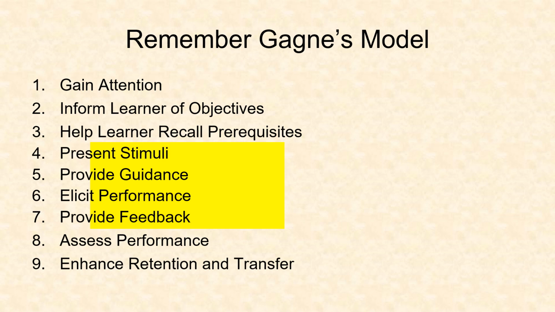And then, as we approach the end of the training module, assess performance and enhance retention and transfer. In other words, remind learners of how this content will be applicable and how it relates to what they've already learned and what they may learn in the future.